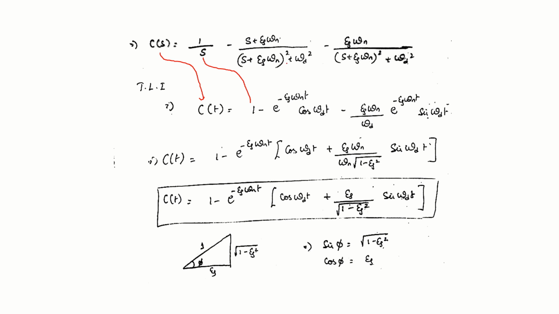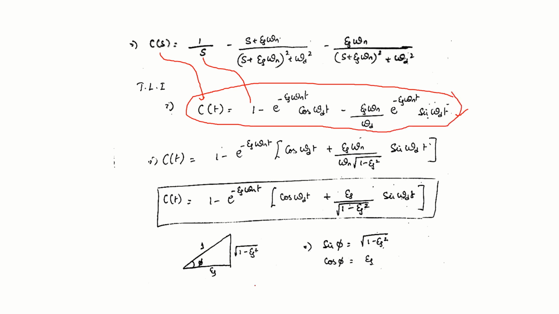This s plus a divided by s plus a whole squared plus b squared means e to the power of minus at cos bt. This is zeta omega n, you take out 1 by b, e to the power of minus at sin bt. So this is how you can use Laplace inverse relationships from the table.